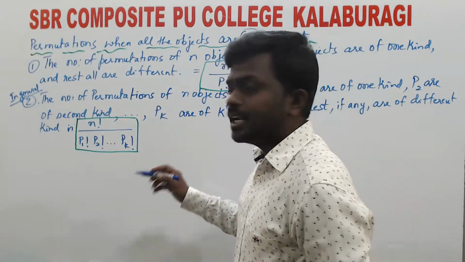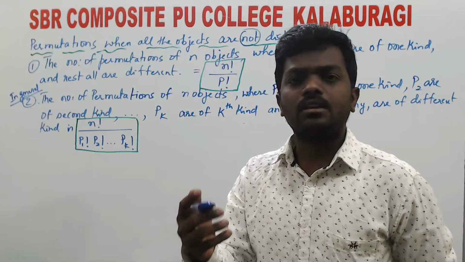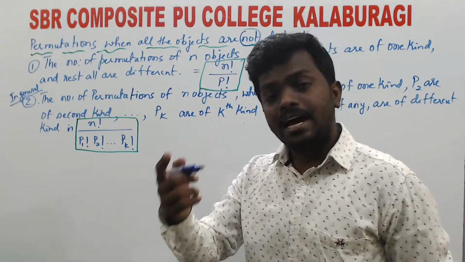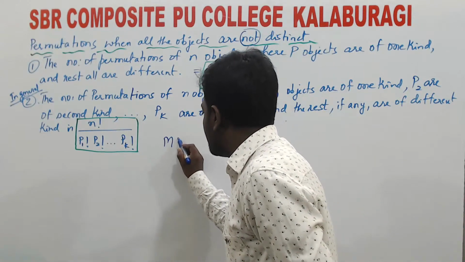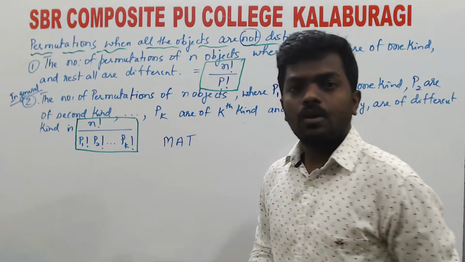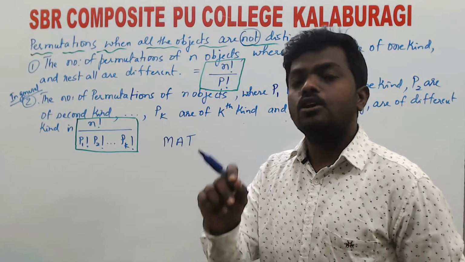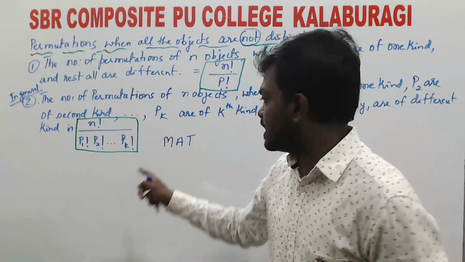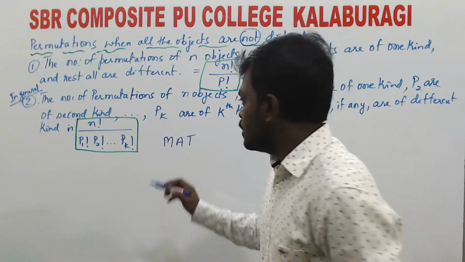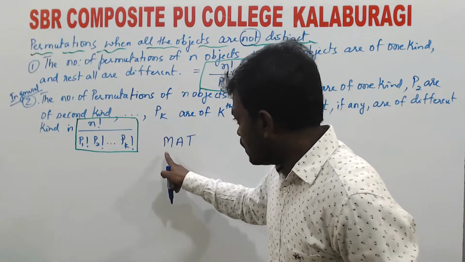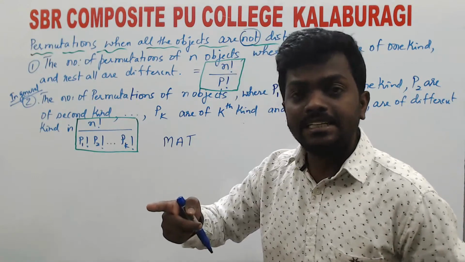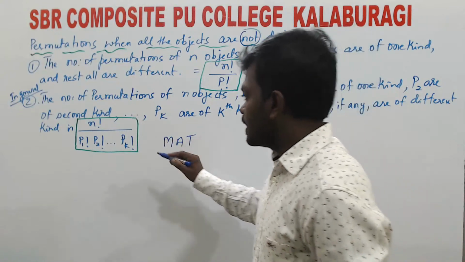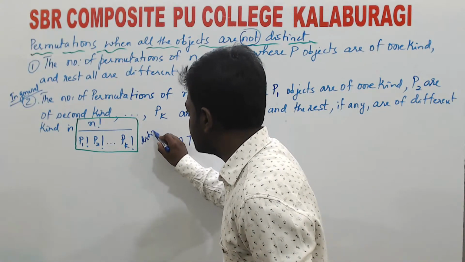So I'll give you a question: in how many ways can we rearrange the letters of the word mat? They have given you the word mat, and they are asking in how many ways we can rearrange these letters. If you observe here, all three letters of the word are distinct, which means all are different objects.